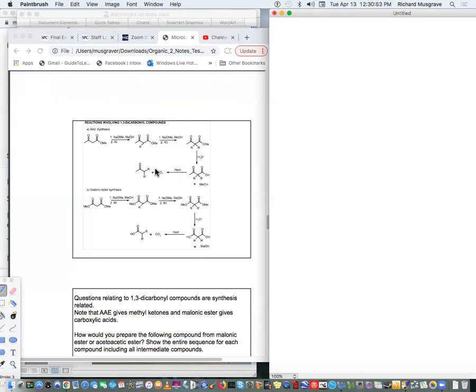Okay. So what the acetoacetic ester synthesis or the malonic ester synthesis does is it allows us to make, for the acetoacetic ester, any methyl ketone you want. And for malonic ester, as a starting point, it allows you to make any carboxylic acid that you want. Now, all of this is predicated initially on one observation.